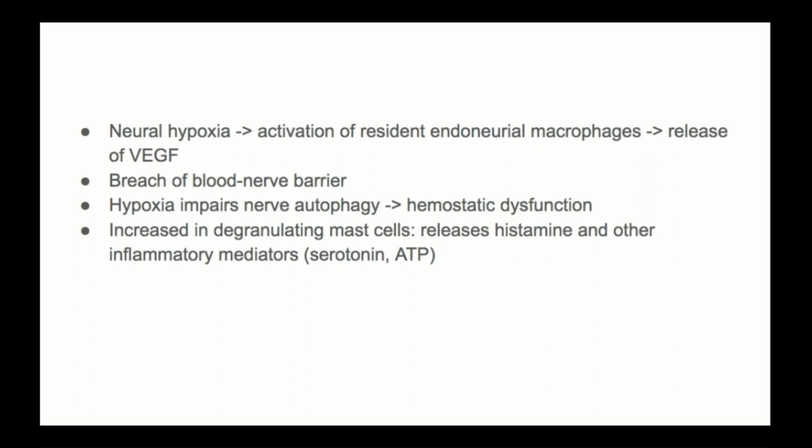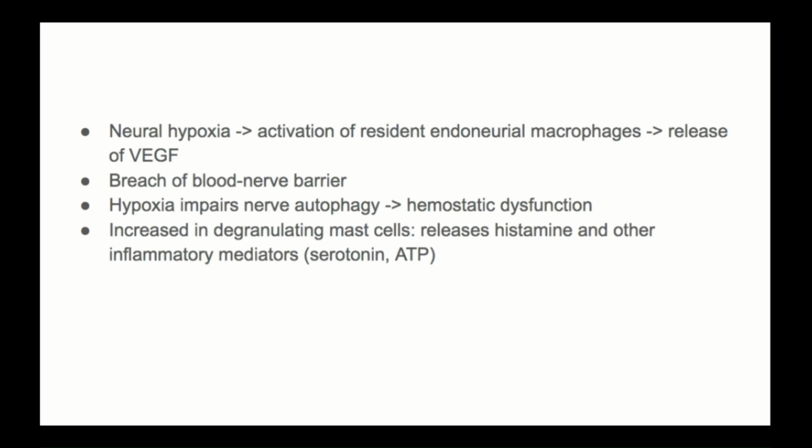These macrophages release vascular endothelial growth factor, VEGF. VEGF is a potent inducer of formation of new vessels, and these new vessels don't have tight junctions, so they increase permeability and cause a breach of the blood-nerve barrier.